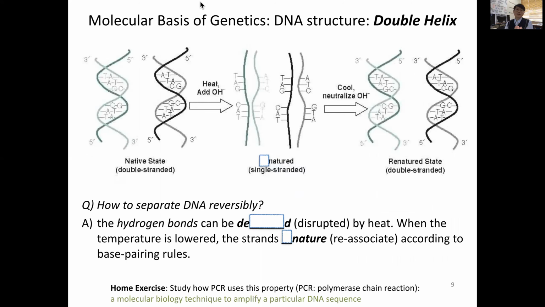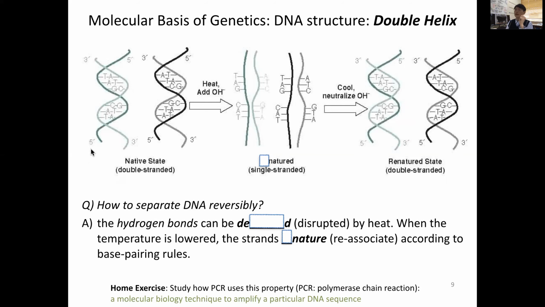Let's consider a little bit how this DNA replication can happen. Their physical properties: native state DNAs are usually double-stranded, and they hold together with hydrogen bonds, which are about 1/20th the strength of a covalent bond.